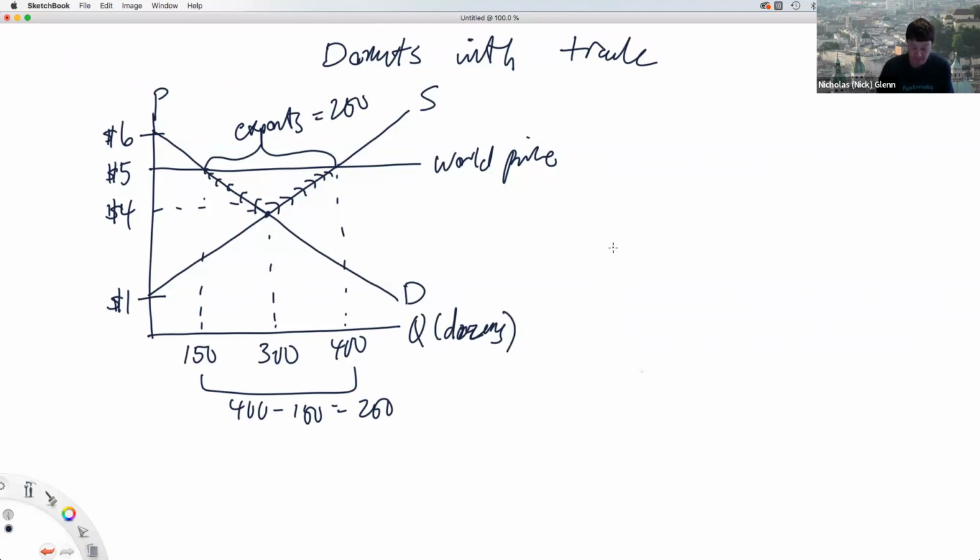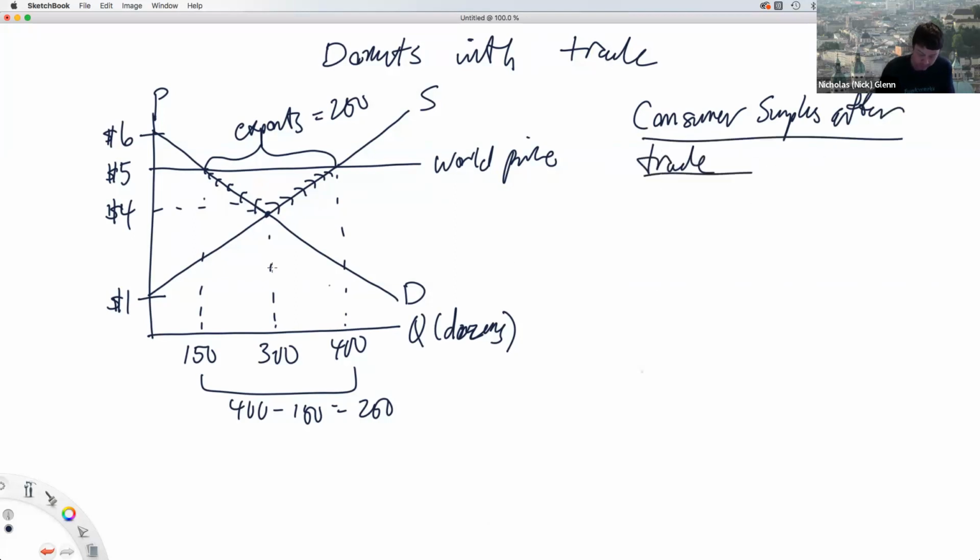All right. Now let's look at our consumer surplus after trade and our producer surplus after trade. Well, remember we use our formula here, 1/2 times base times height. Our base now is just 150.